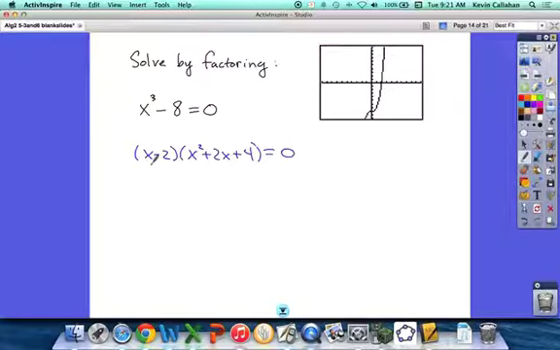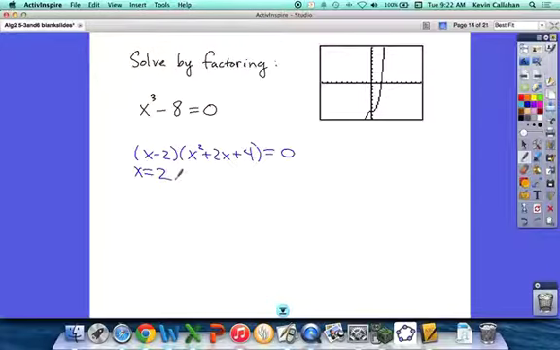Then I look at this x minus 2 and ask, what is the solution that comes from the factor of x minus 2? There's 2, so x equals 2 is going to come from that.